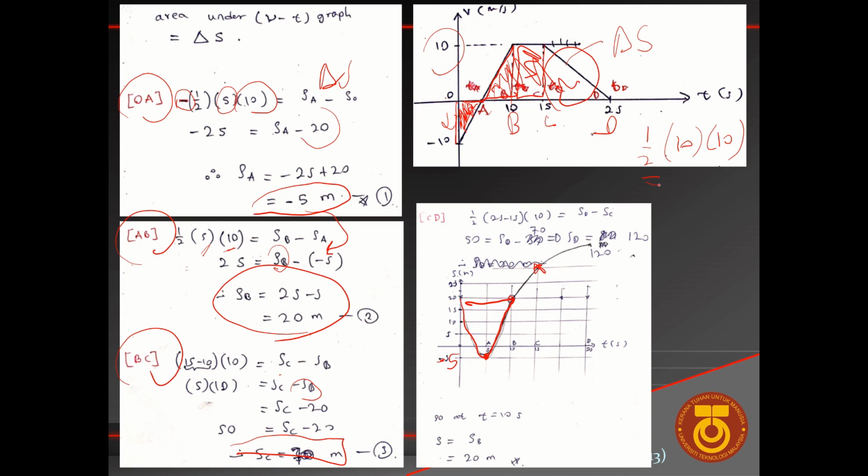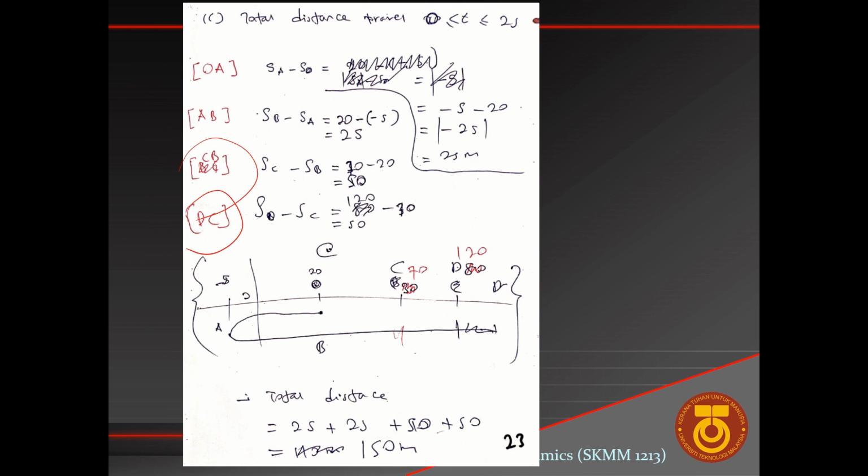This is equal to delta S, which is S at D minus S at C, which is 70. So here is the calculation. From the calculation you can get SD equal to 120. So put it in one.